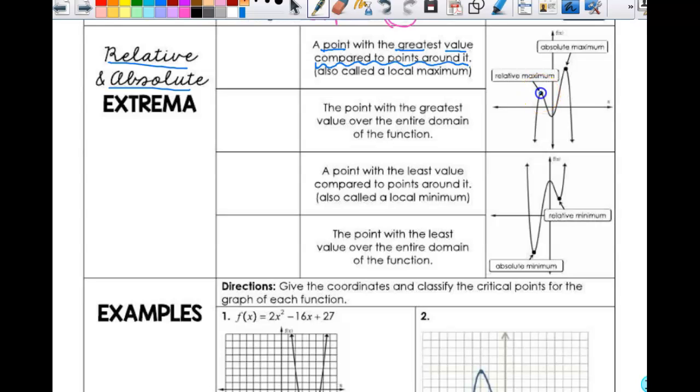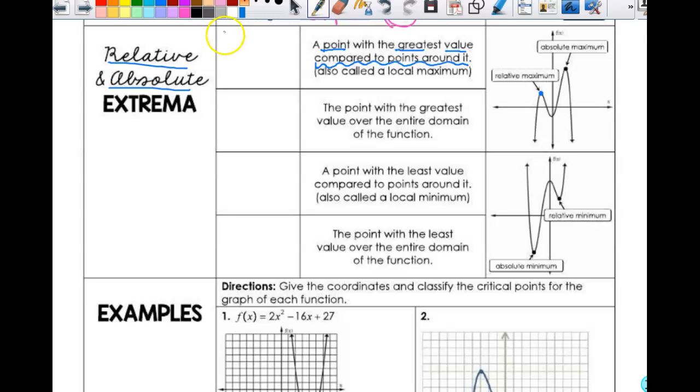So if you look at this point right here, this point has the greatest y value of the points right around it, just in its little neighborhood, okay? Because in a lot of things in calculus, we don't look at the whole graph. We look at just little pieces. We're just going to look at that part, just going to look at that part, that sort of thing. So when that happens, this isn't the greatest y value overall, but it is the greatest in that little area.